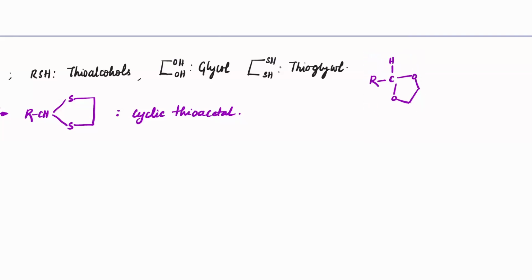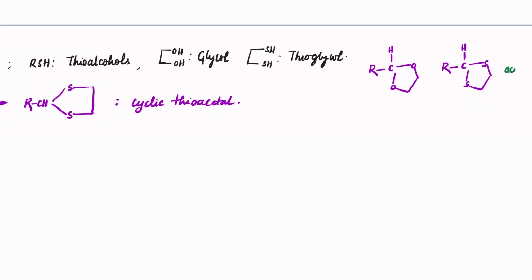In the same way, I have one more acetal form here, which has sulfur and sulfur. Now the important part is if you compare the acidic strength, then this thioacetal is significantly acidic.